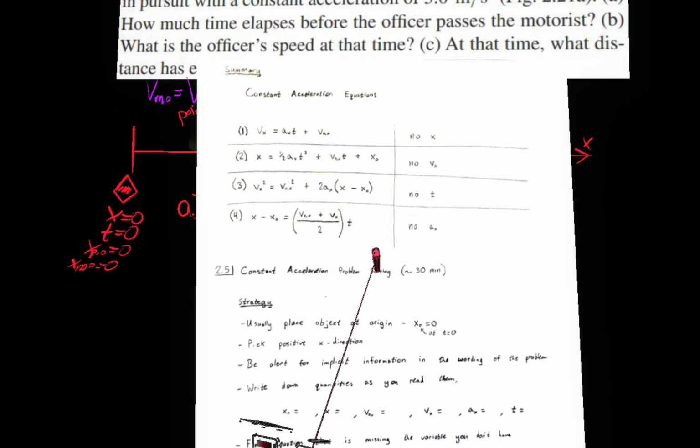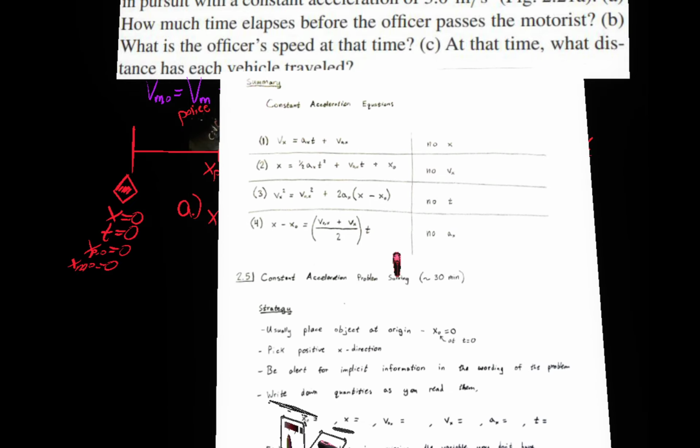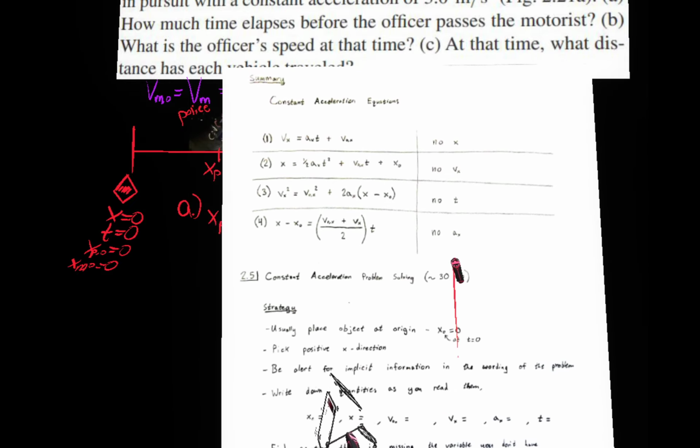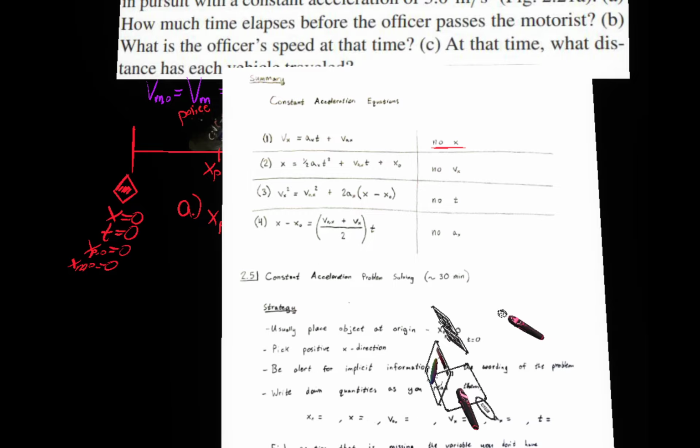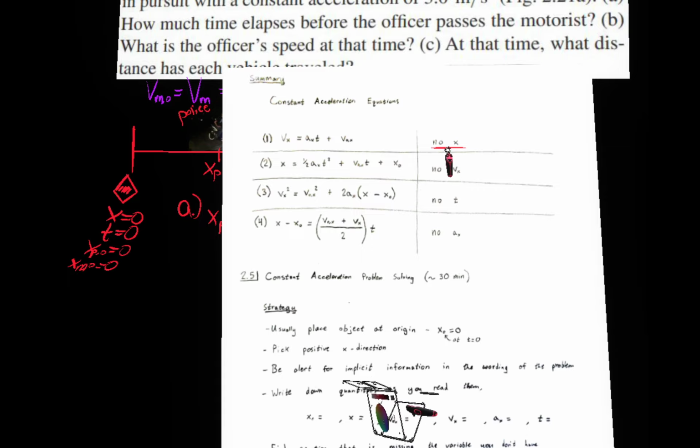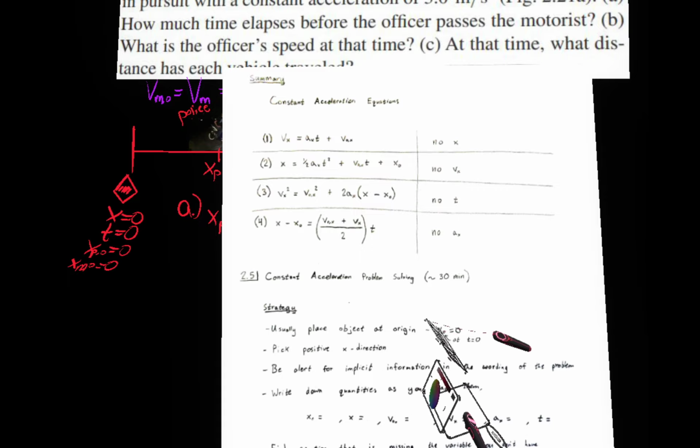Okay, well, equation 1 doesn't have position. It has no x, and that is the condition that we're talking about. So position is very relevant. We have position going on. We need to say when the position of the motorist equals the position of the policeman. So 1 probably wouldn't be very helpful.